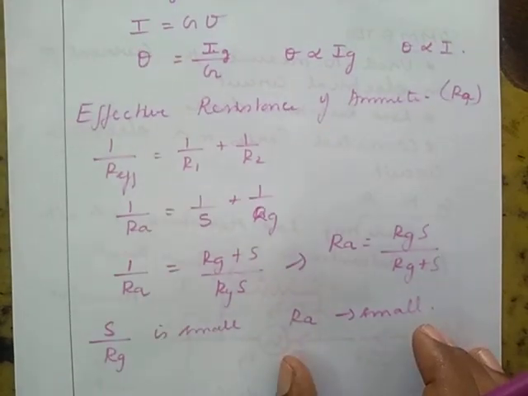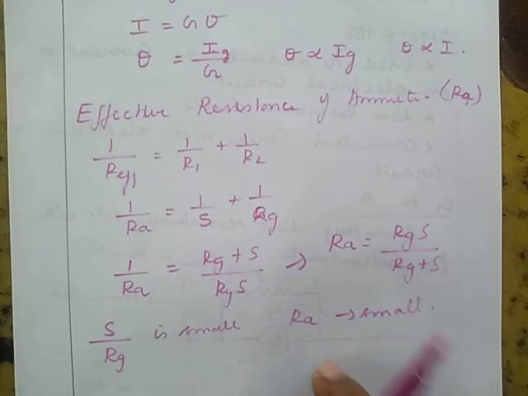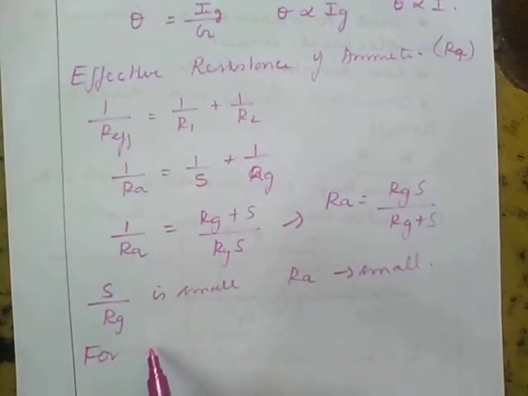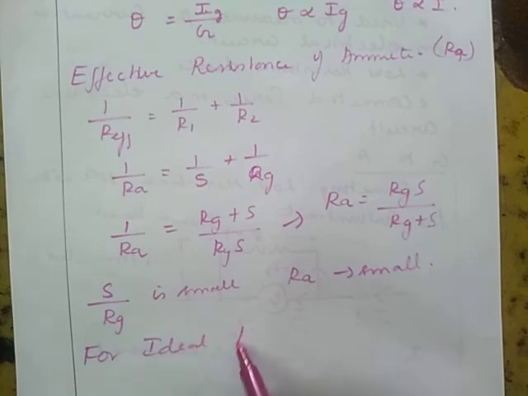So it does not affect the current flowing in a circuit. For an ideal ammeter, the resistance of the ammeter will be 0.